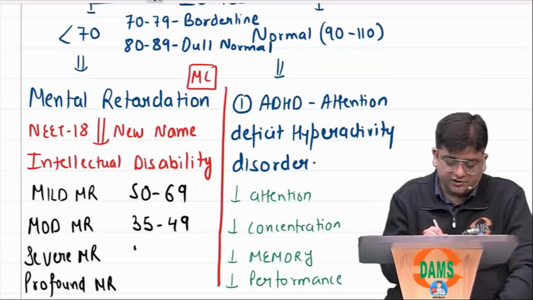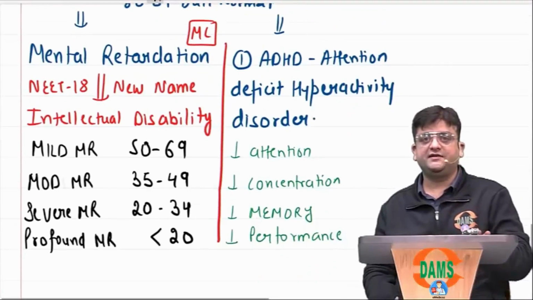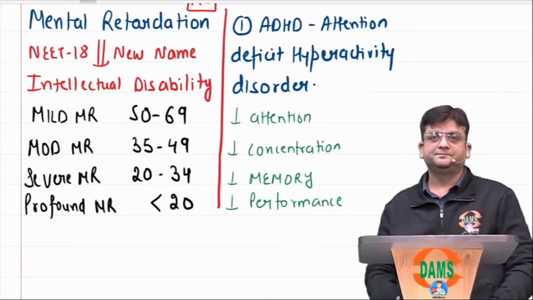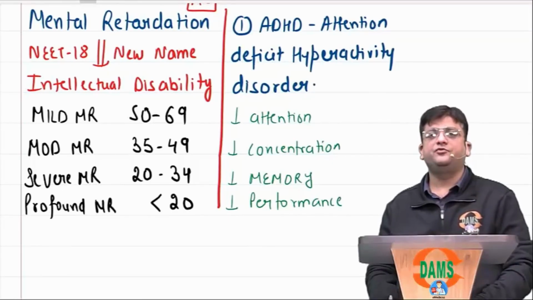Moderate is IQ 35 to 49. Severe is 20 to 34. And profound is less than 20. Mild MR, moderate MR, severe MR, and profound MR.